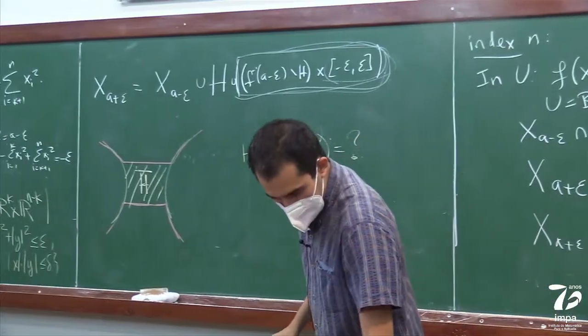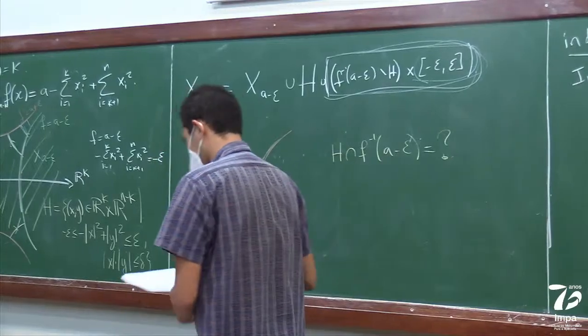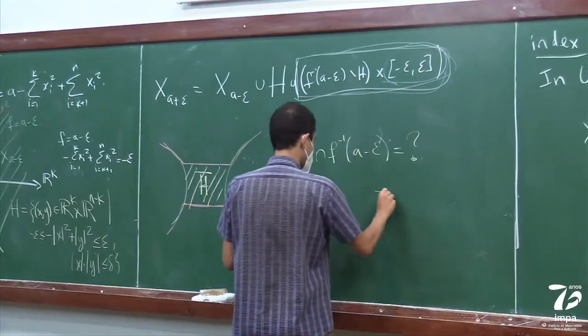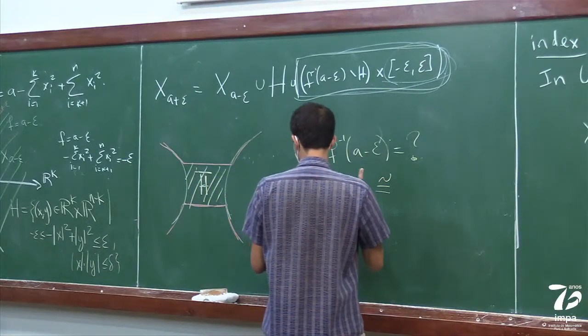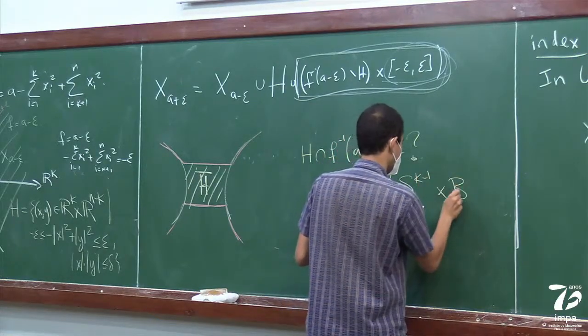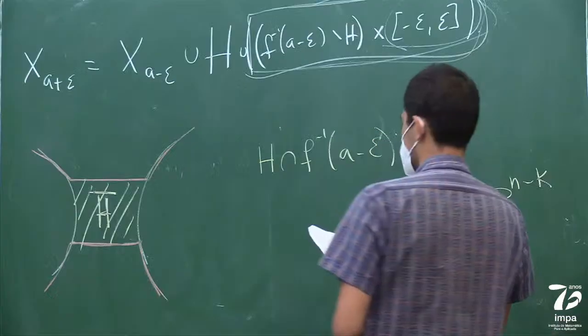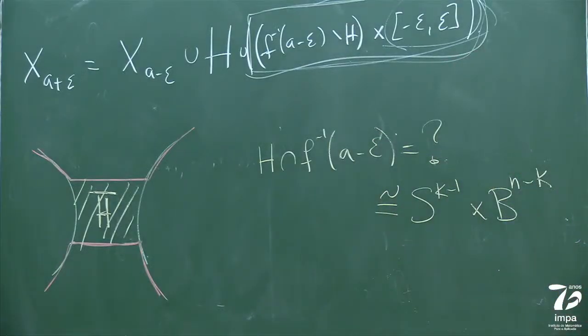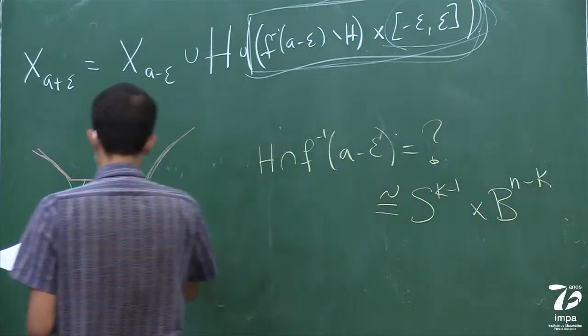I claim that this is homeomorphic, or even diffeomorphic, to Sk minus 1 times Bn minus k. So a sphere of dimension k minus 1 times a ball of dimension n minus k. So this set here is this part here.